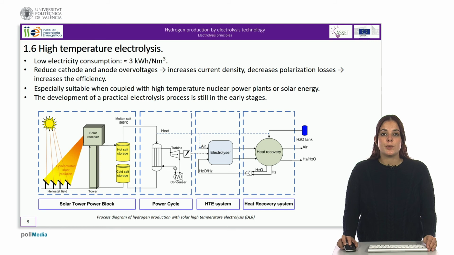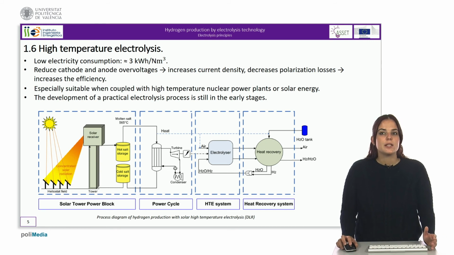This system can produce carbon-free hydrogen using electricity from CO2-free energy sources on large scales, and it has the advantage of higher hydrogen production efficiency in comparison with the conventional low-temperature electrolysis.